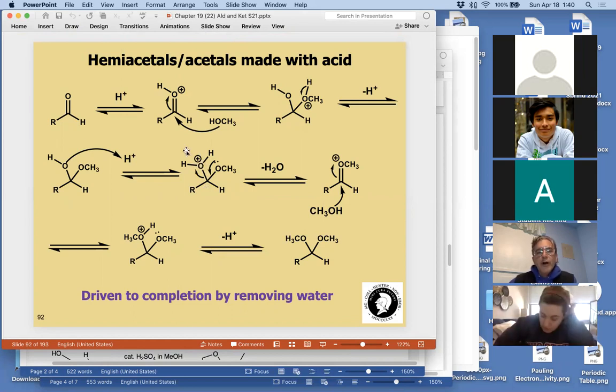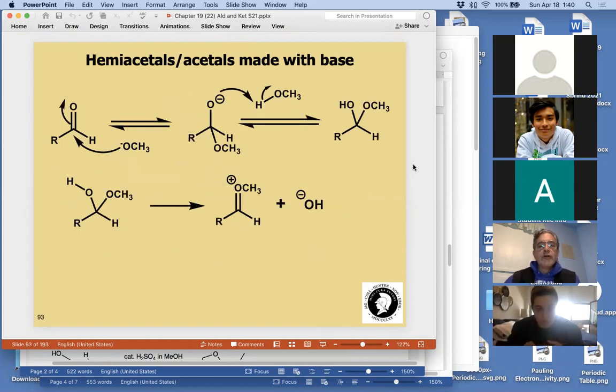You have water as a leaving group and the lone pair helps, so you get a positive charge. It all looks okay. But if you try this with base, the alkoxide, methoxide, will add, you get the anion, you can quench that. But now you have to lose hydroxide. And what's going to help you do that?